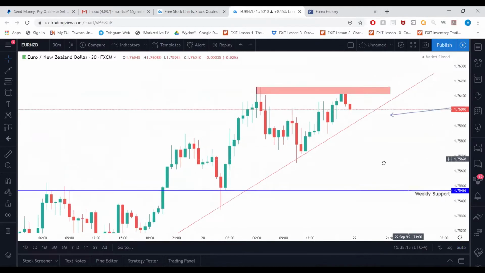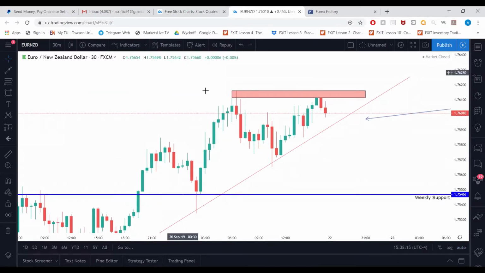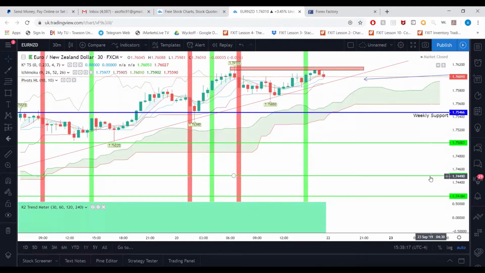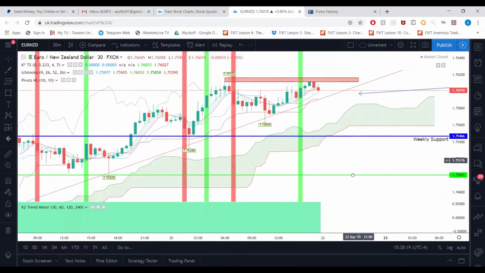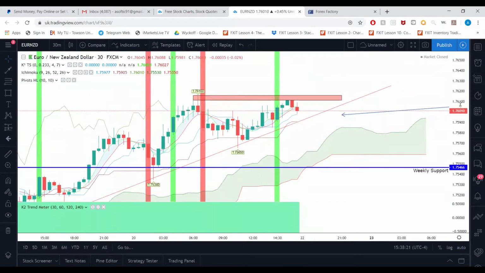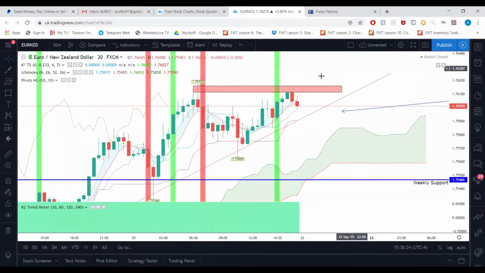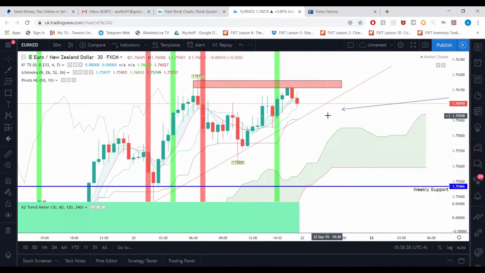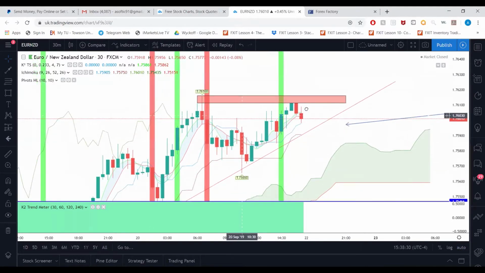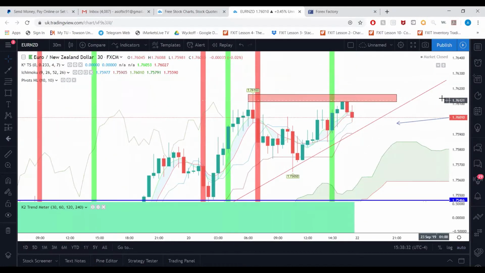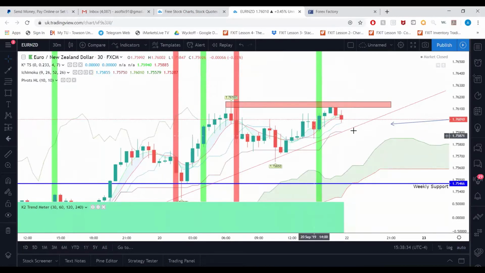So going back to the K2, Kathleen asked for K2. So this is the K2, to answer your question. I was showing them how I use price action in combination with K2 to make it so easy to trade.